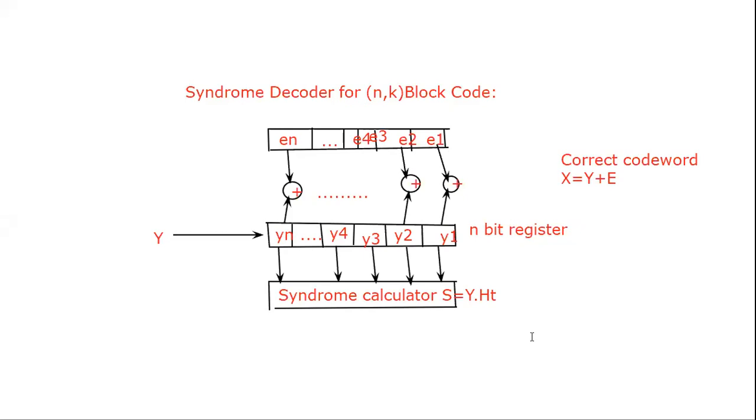So after that, the correct code vector X is equal to Y XOR E. That means like this. So all of these give the correct code vector. So E1 XOR Y1, E2 XOR Y2, E3 XOR Y3, E4 XOR Y4, and so on up to En XOR Yn gives the correct code vector X is equal to Y XOR E.